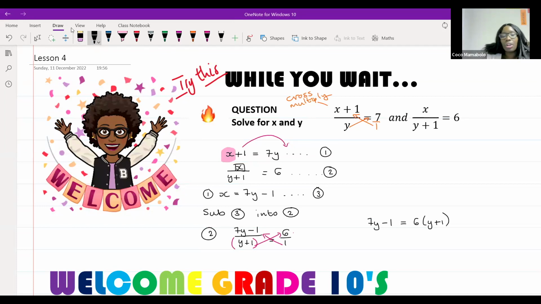And now I can solve for y. Does anybody want to solve for y for me? Please give me an answer. What is y going to be equal to? Remember to distribute that 6 in. Find me an answer, guys. Let me know. What is y equal to?